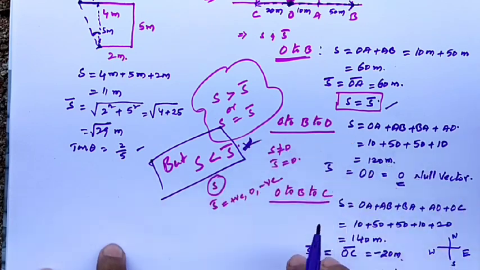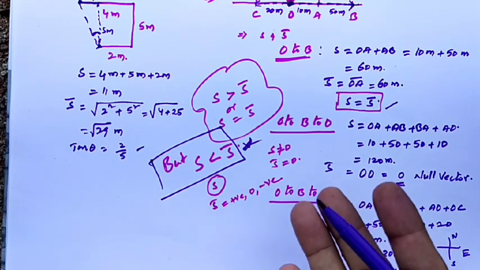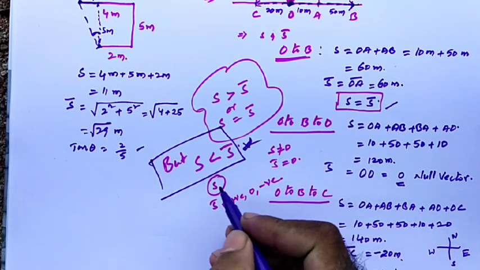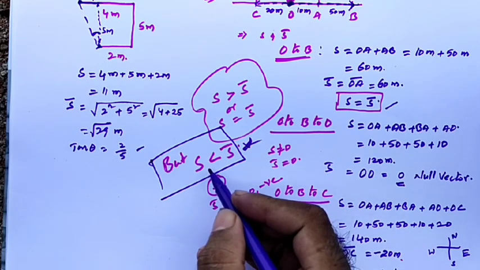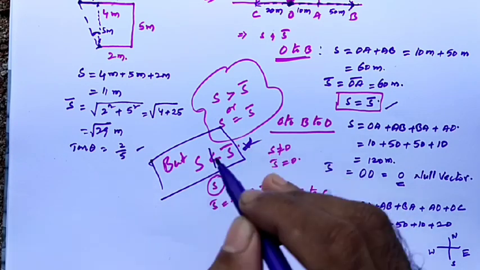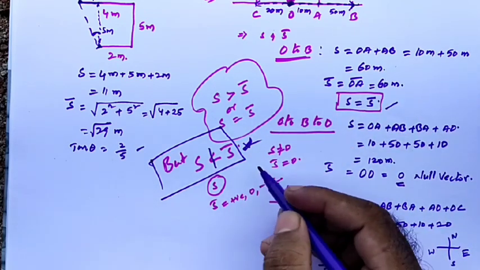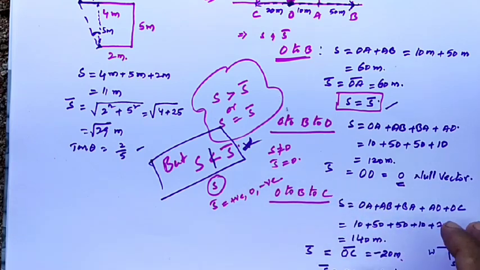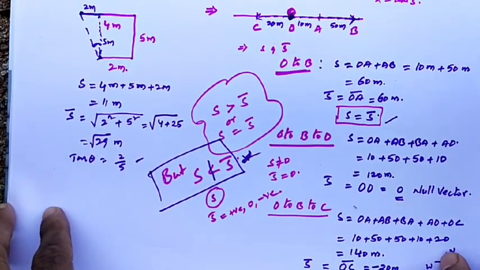Why? The reason is displacement is nothing but the shortest path, and shorter than that is not possible. So distance is never less than displacement. Always distance is either equal to or greater than displacement. Understood this one? So in this way one can calculate problems based on distance and displacement.